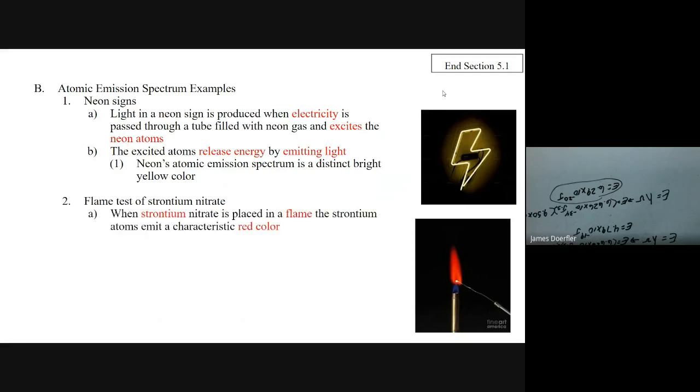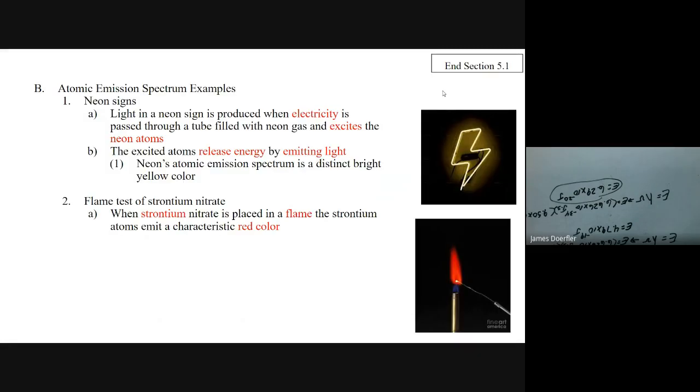Now, when strontium nitrate is placed in a flame, as we see down here, that flame carries heat energy, but it's energy all the same. That heat energy transfers to the atoms in the strontium, and the strontium atoms get excited, then they release that energy they received in the form of a red colored flame.